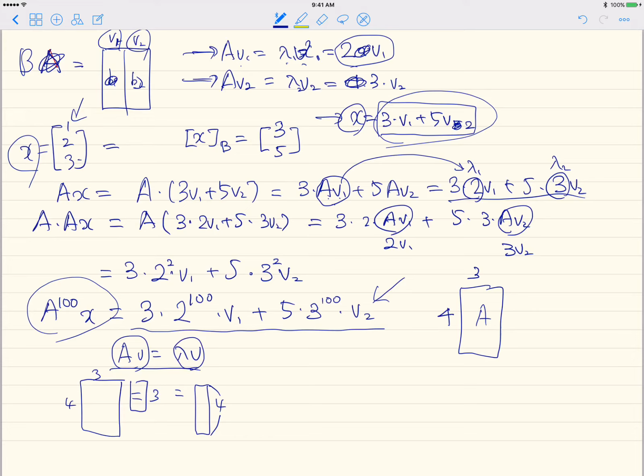But what about this side? Lambda is just a scalar, and V is still a 3-dimensional vector, and after the scalar multiplication, it will become just a 3-dimensional vector, right? So this 4-dimensional vector and 3-dimensional vector should be the same, which is never possible, right?